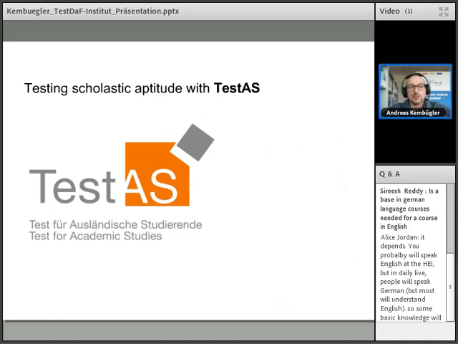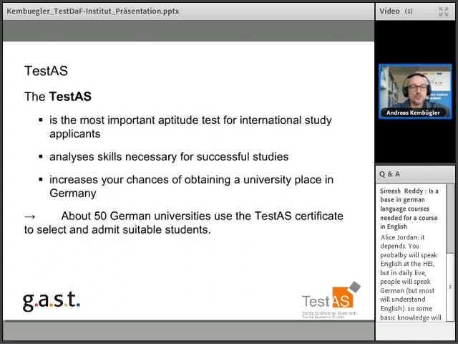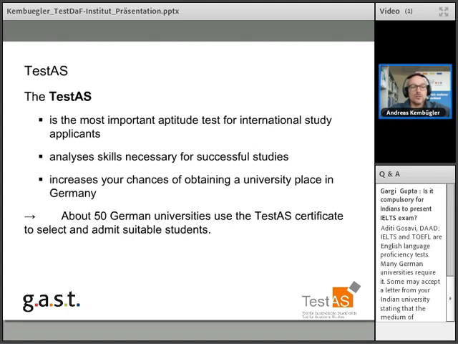So the second test I want to explain is no language test. It is an aptitude test that is required by about 50 universities in Germany. Those universities require that test for special programs or for all programs, and it's for them important to know if the student will be able to succeed in the studies.